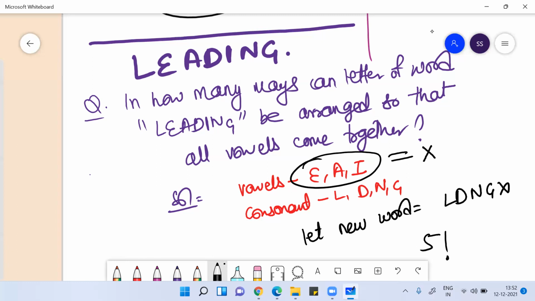Within themselves, E, A, I can interchange their places in how many ways? 3 factorial ways. You got it, right?